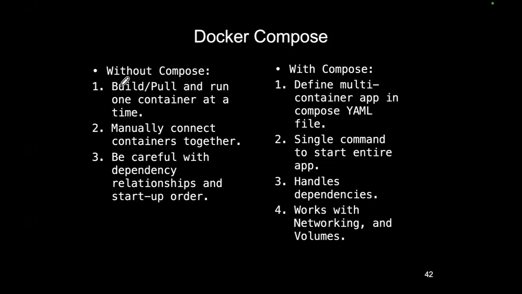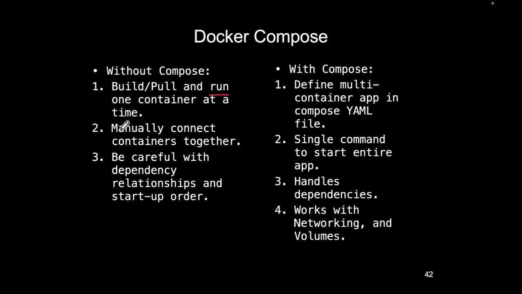You actually have to build and pull down all of the different images that are required for your application. You have to do that manually. And you have to run each of the containers individually from the command line. You have to start them up from the command line. And that's always error prone. Anything manual is error prone.